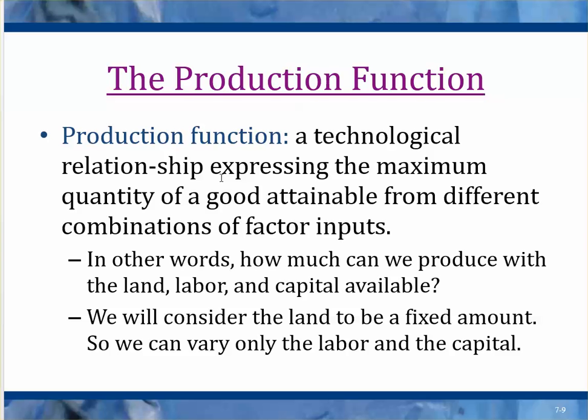In other words, how much can we produce with the land, labor, and capital available, and we will consider the land to be a fixed amount, so we can vary only the labor and the capital.